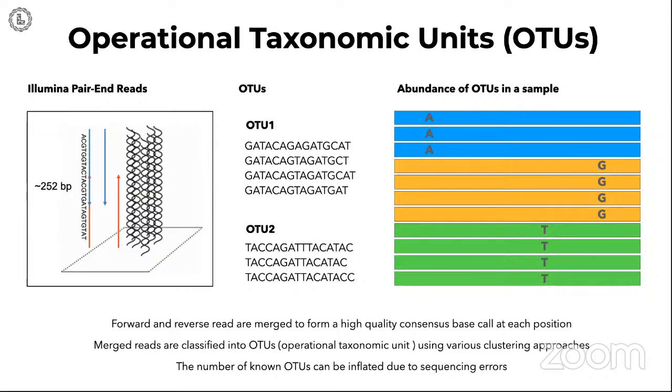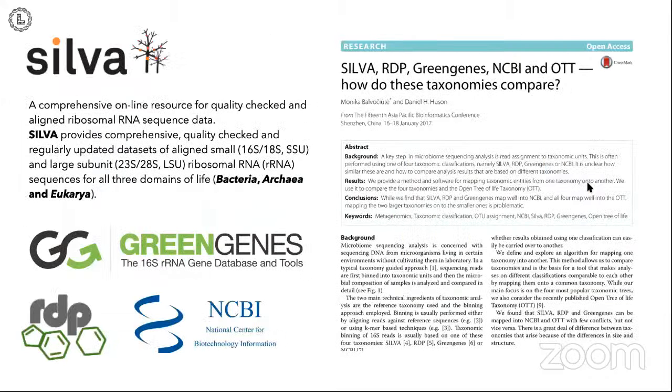Once we have those, we can organize them into groups defined by variation within that taxonomic unit. The taxonomic units could then be mapped onto a database of these different sequences to understand which types of bacteria they belong to, or how we can classify them using a taxonomy.